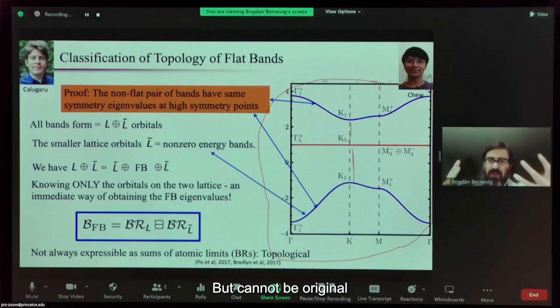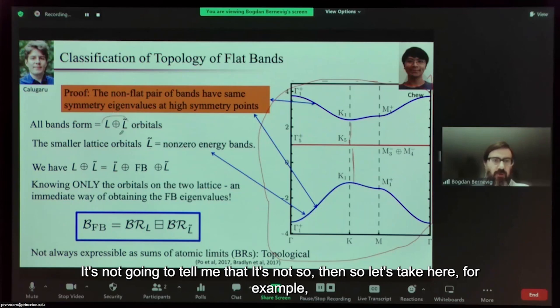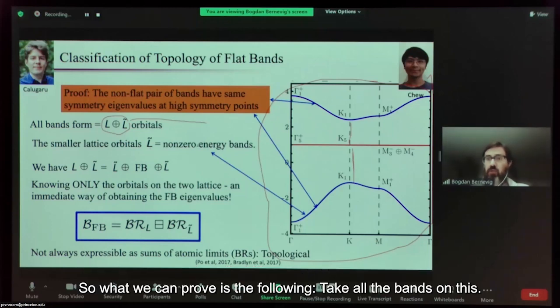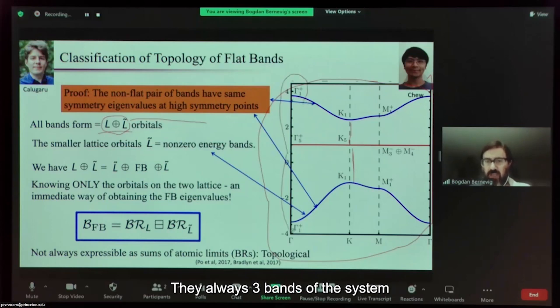If I take all these bands in the system, I know where all these bands come from because I only have orbitals on the L and L tilde lattices, right? I only have two lattices in this generalized construction. So all these bands come from these orbitals. Okay? So I have an immediate mapping from L plus L tilde orbitals to all these bands. Meaning I know, given the L and L tilde orbitals, the eigenvalues at the gamma point, the eigenvalues at the K point, the eigenvalues at the M point.